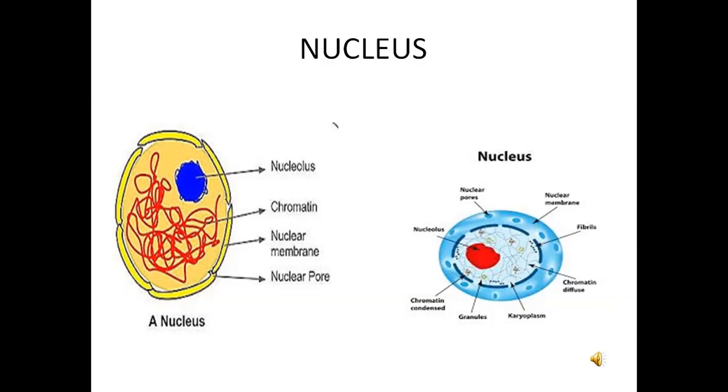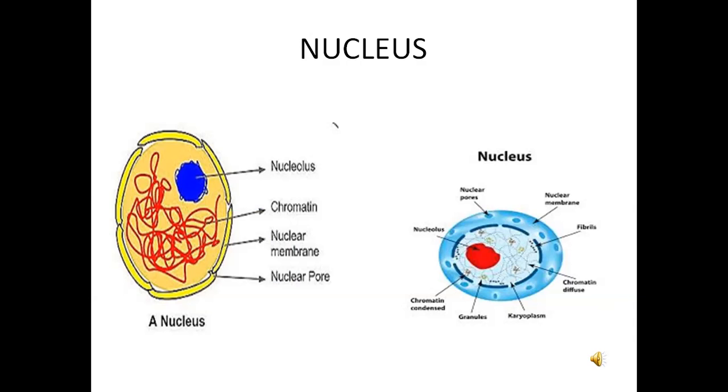During cell division, the chromatin body is organized into chromosomes. Storage of genetic material and transfer of hereditary characters from generation to generation are the functions of chromosomes.